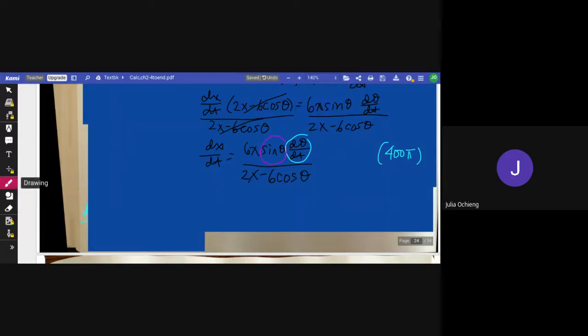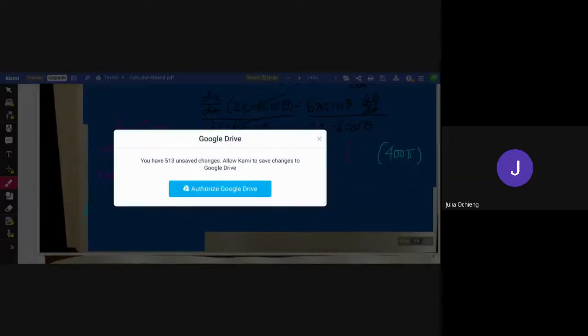Sine theta, remember theta is pi over 3, so we're going to actually put theta right here. Theta equals pi over 3, which is the same thing as 60 degrees. So the triangle will look like 1, 2, root 3. Sine is opposite over hypotenuse, so that's root 3 over 2.